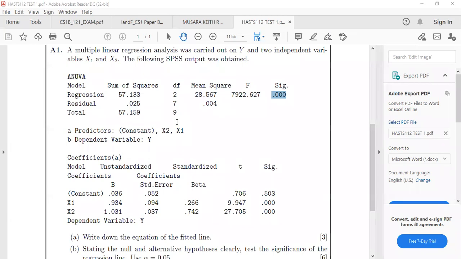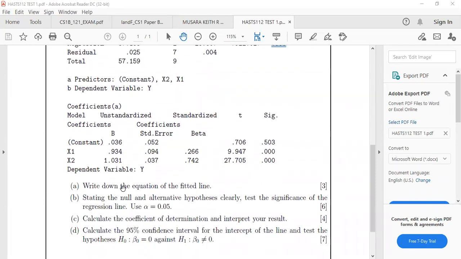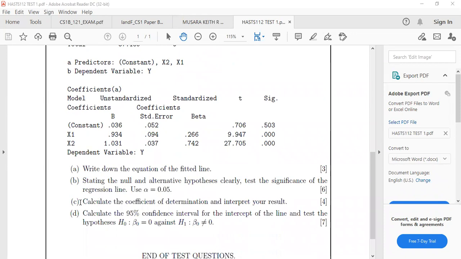Since our p-value is less than alpha, which is 0.05, we reject H naught and conclude that there is sufficient evidence to say that the model is significant. Perfect. Excellent. Next, coefficient of determination.